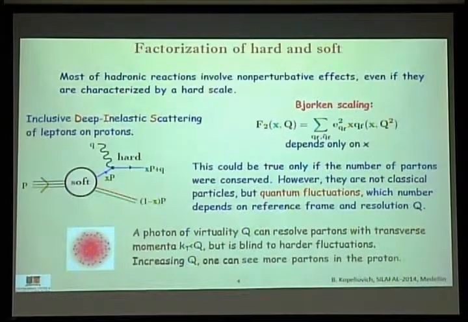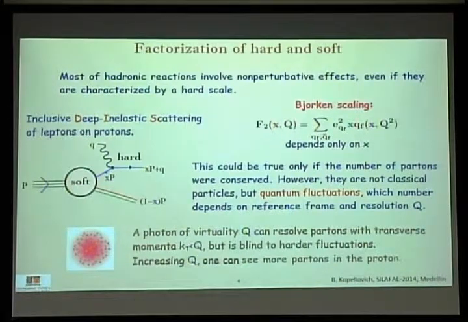So when you increase resolution, you increase the number of partons, and they are produced by partons at smaller resolution. So this is a sharing process. When the momentum of partons is splitting, the momentum is shared between several new partons.